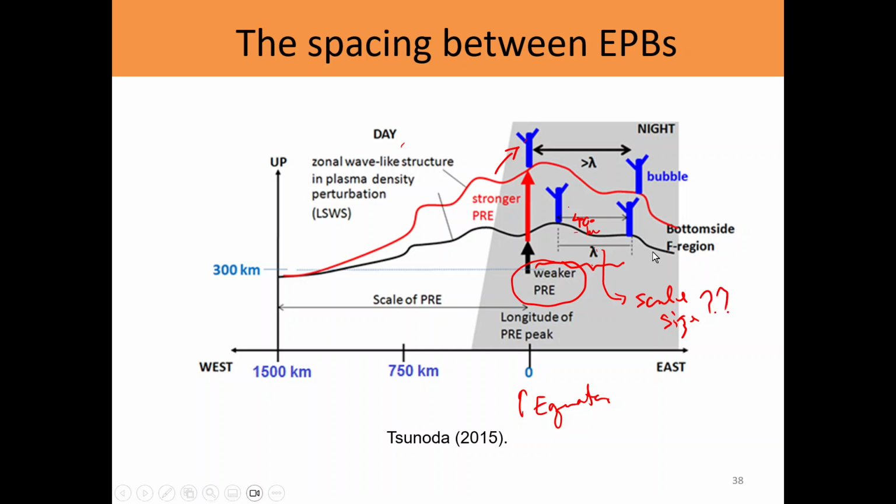I don't think this lambda is about frequency or anything like that, because whatever frequency you observe is independent of how bubbles actually occur, right? Yeah, I think it's scale size, but let me check. Yeah, it's in here.